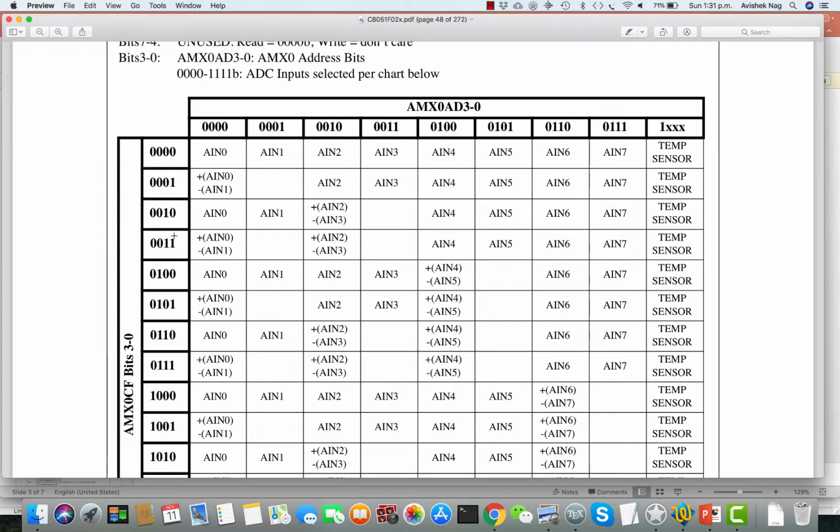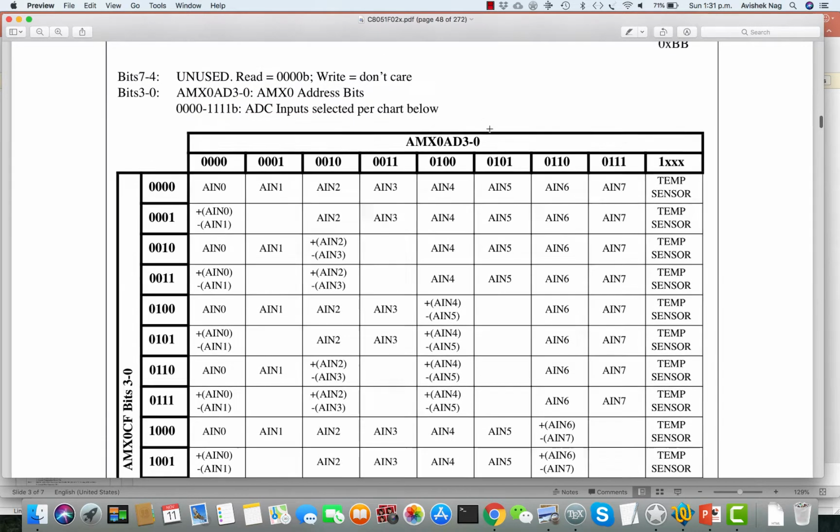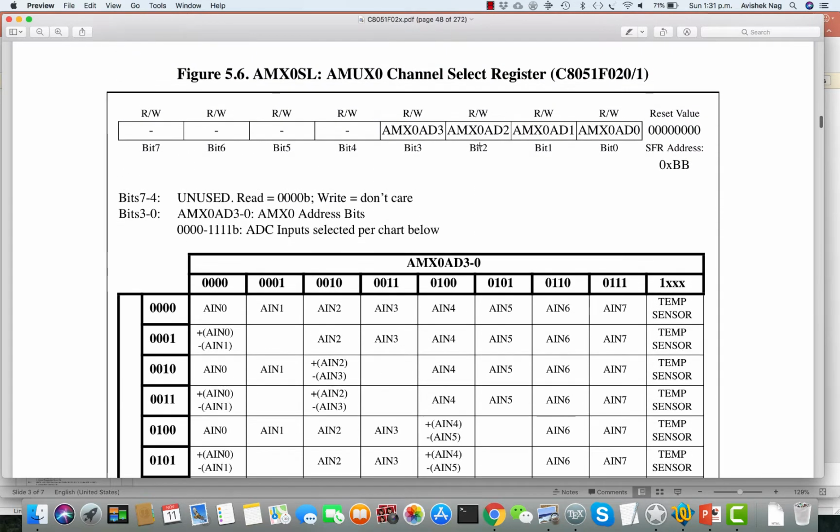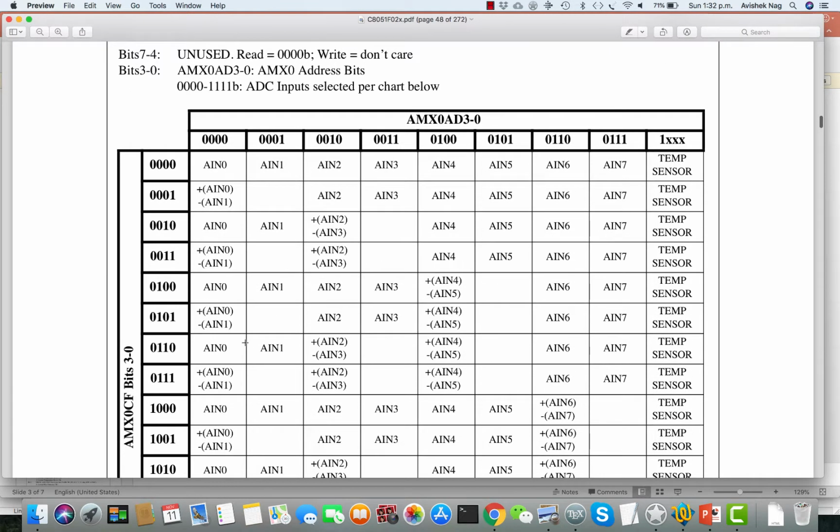So depending on what you put here, and the bits in AMX0CF, you can choose the inputs.